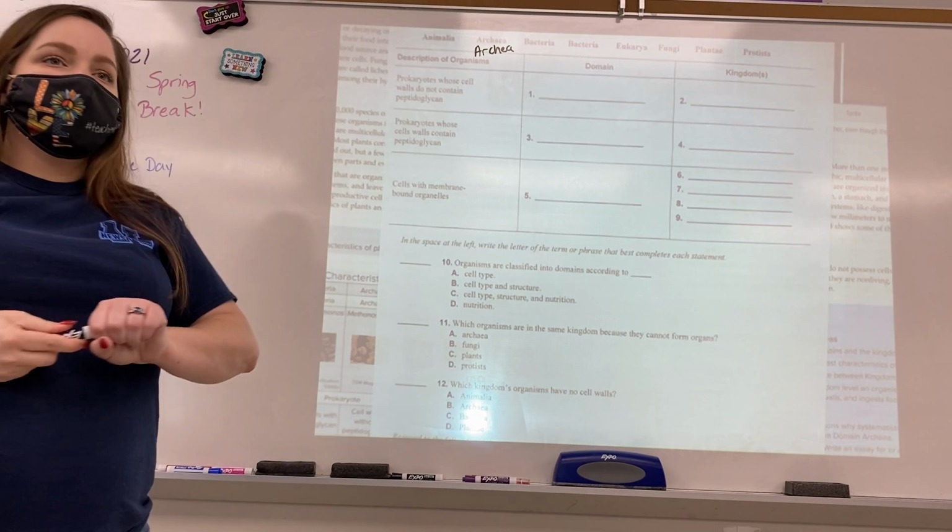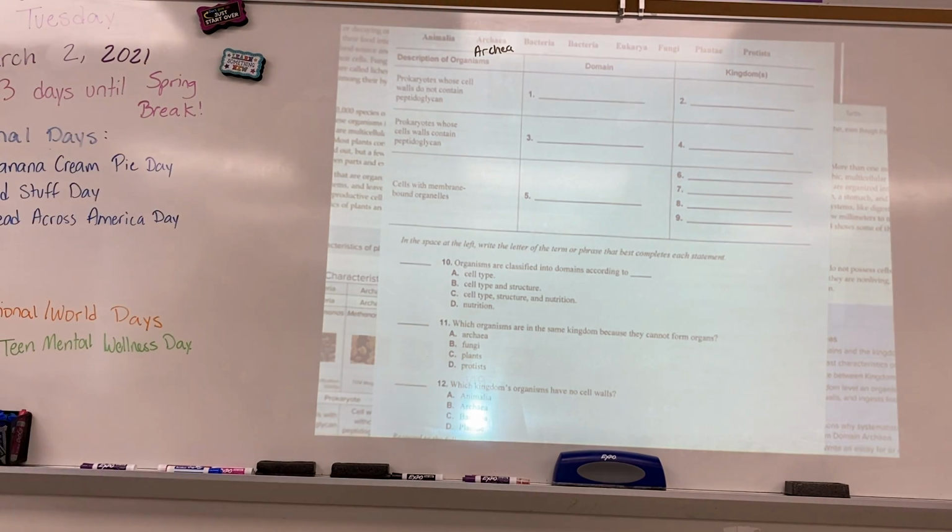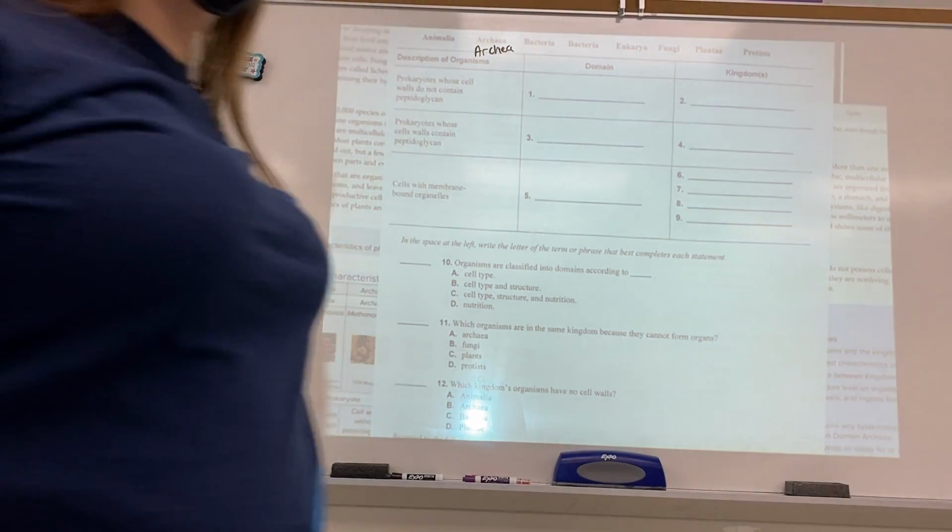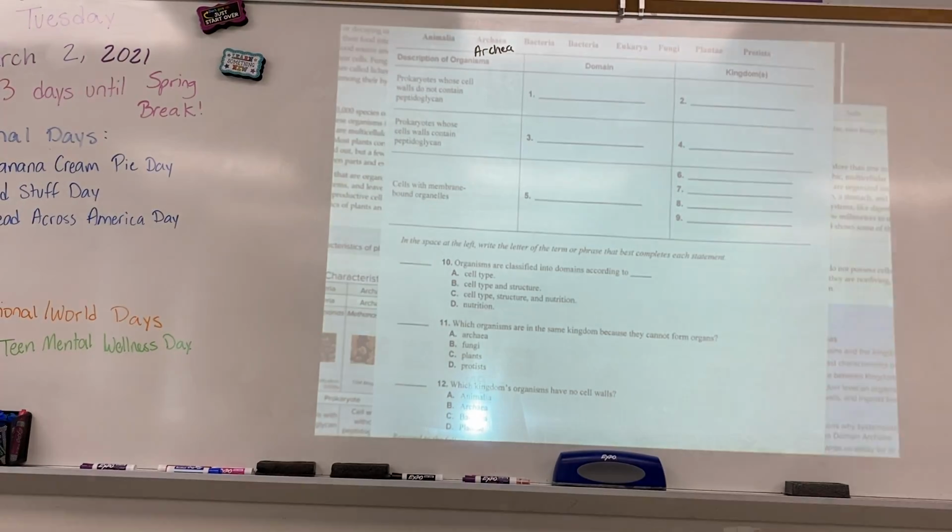Go ahead and take a few minutes to fill out this table according to the one in your textbook, or the table from the notes that I had you copy.